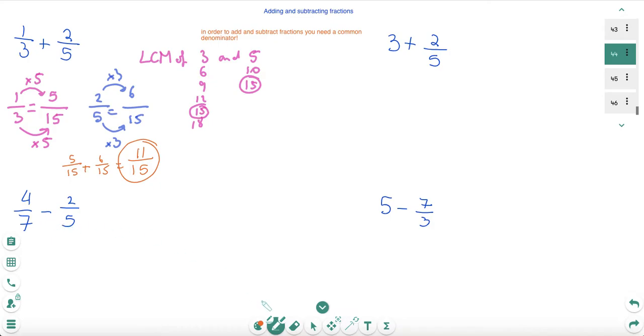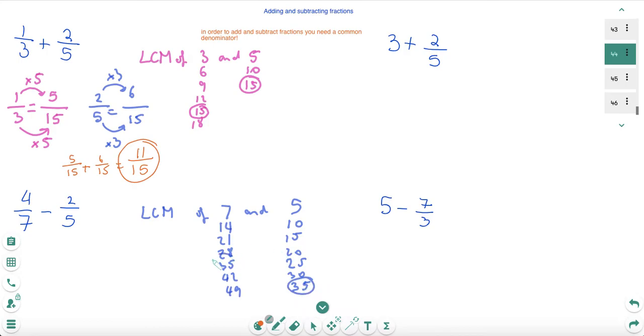All right, we've got to find the lowest common multiple. Think of our 5 times tables. Ooh, 35 is our common denominator.